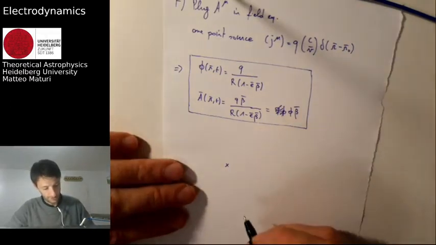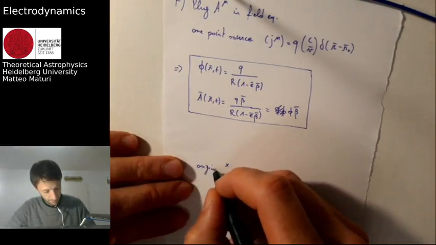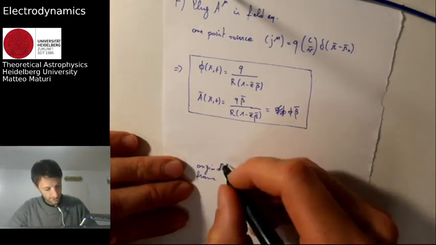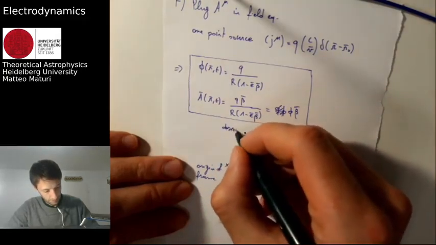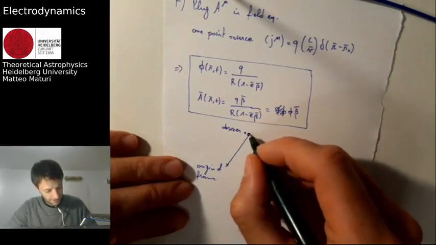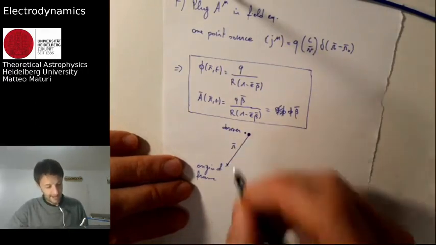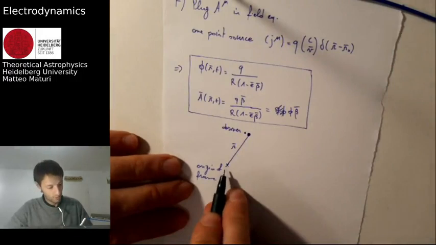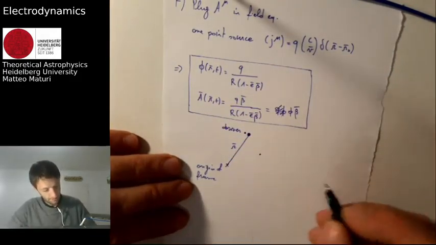So if we keep the origin of the frame here, for example, the observer is located here. Oops, sorry, then I recenter it here. So this is going to be R, the position of the observer with respect to the center of the frame. We have a particle which is somewhere, let's say here.